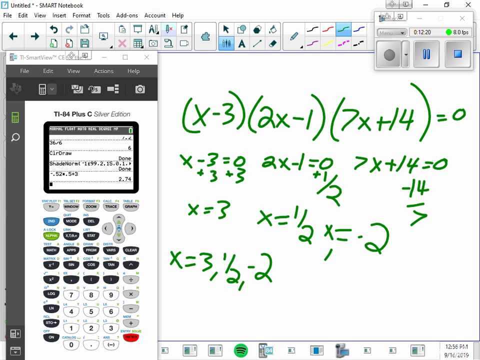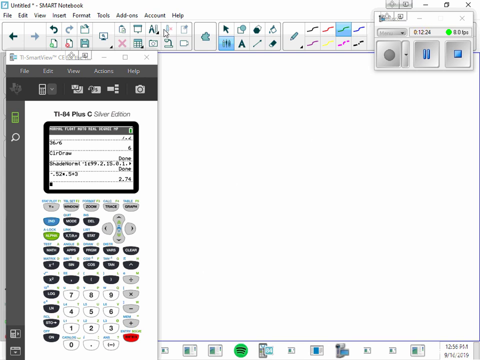All right. What about this? What if we had 8x squared minus 16x equals 0? This is not set up like the other problems.